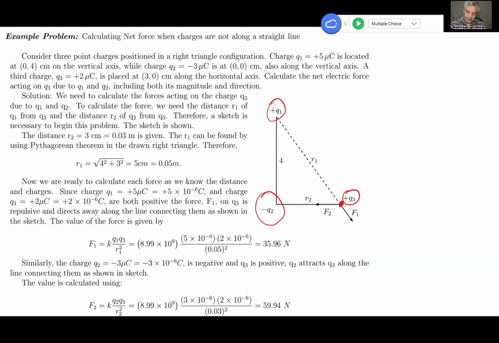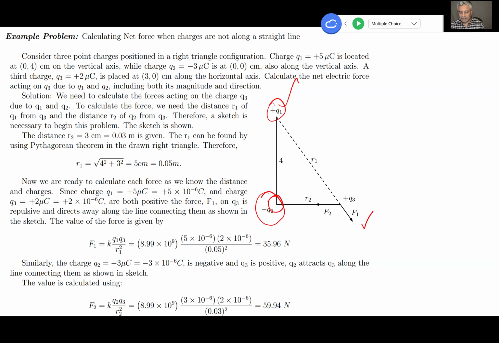So by looking at this is positive, so that means it's going to repel. So it's going to go away, it's going to push, and it pushes along the line that connects them. So that's why F1 is going to be acting that way, not this way, not that way, rather that way.